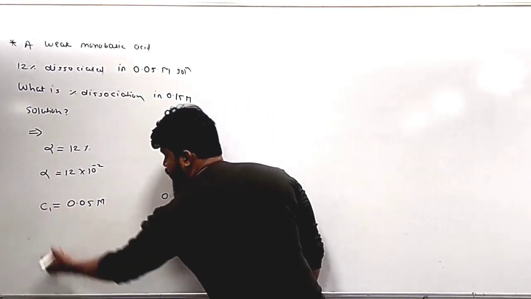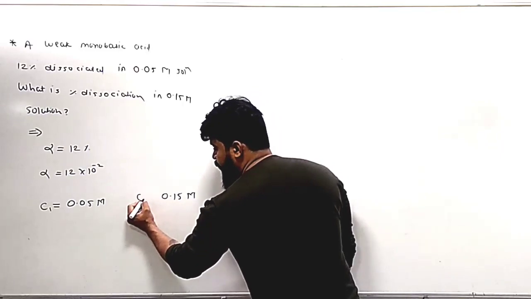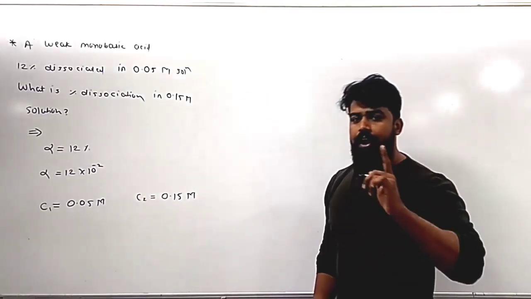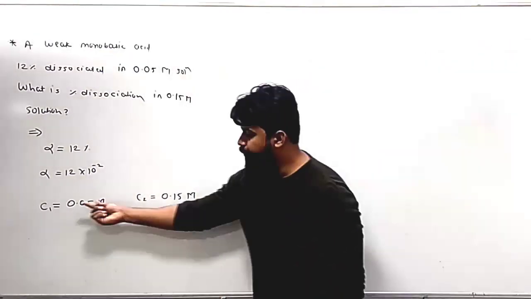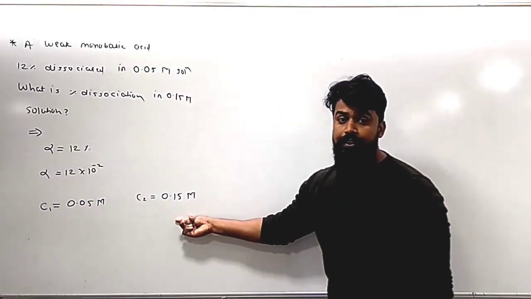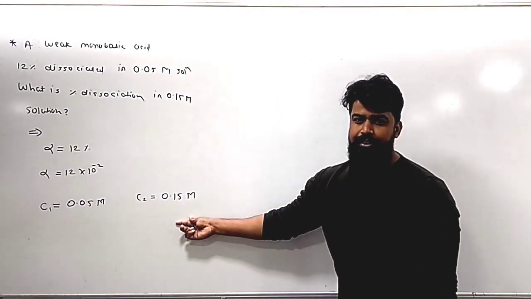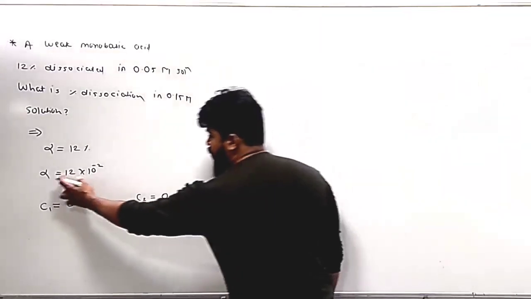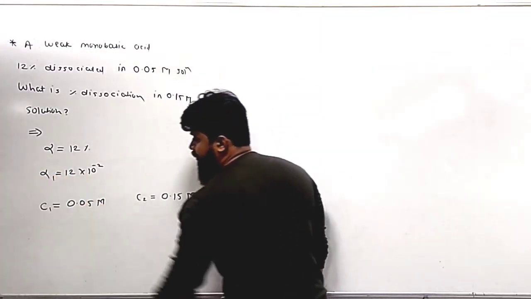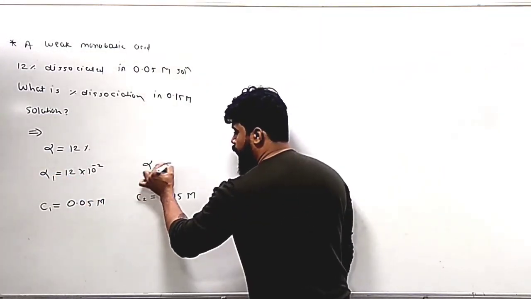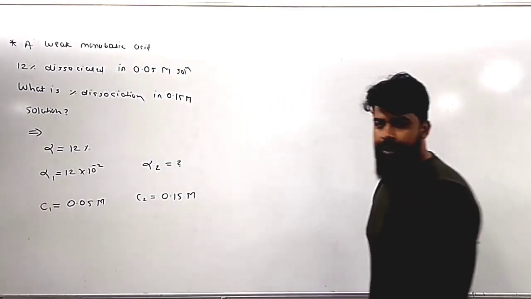This is the old concentration called C1, this is the new concentration called C2. Here we are making the change in concentration from 0.05 molar to 0.15 molar. So immediately the change in degree of dissociation also takes place. So degree of dissociation first is alpha 1, we want to find out alpha 2. This is all the given data we have.